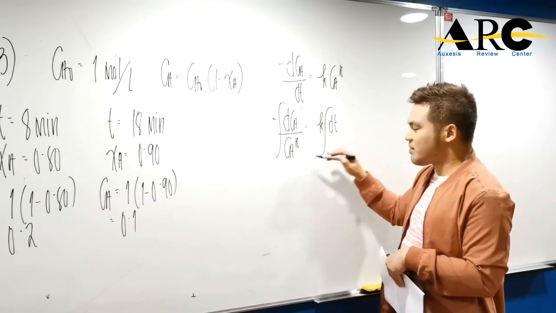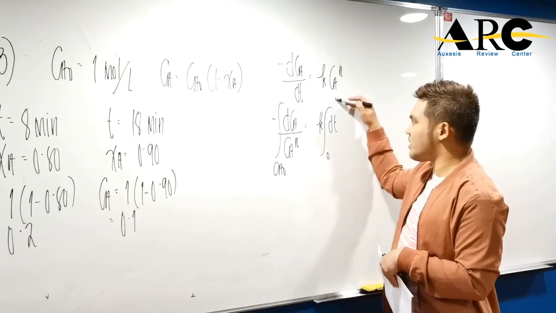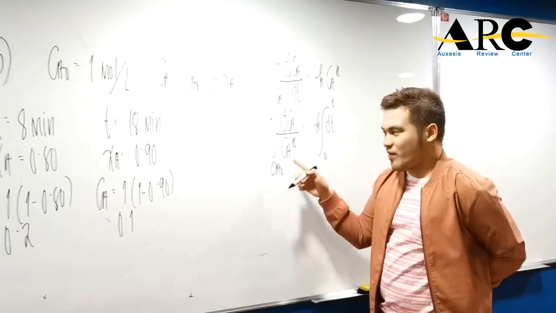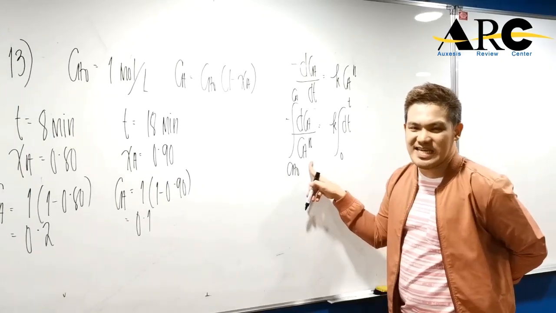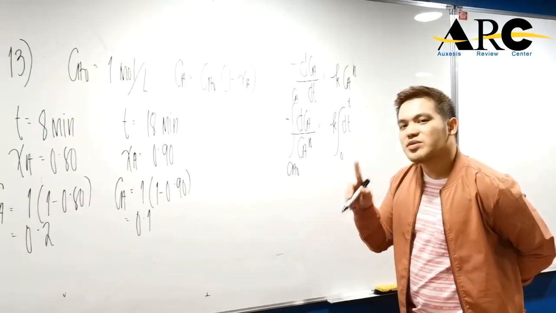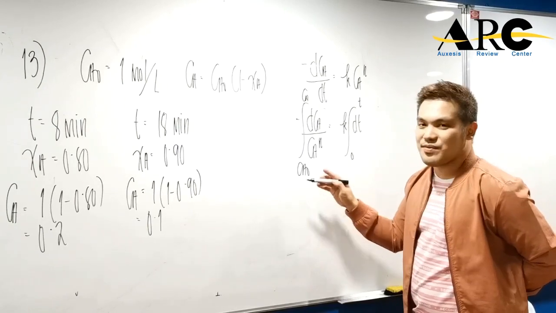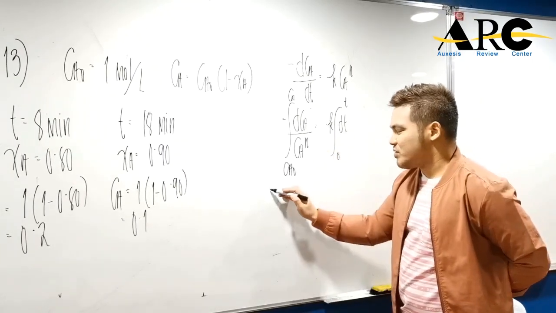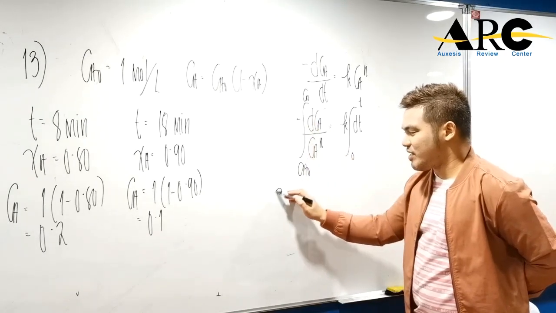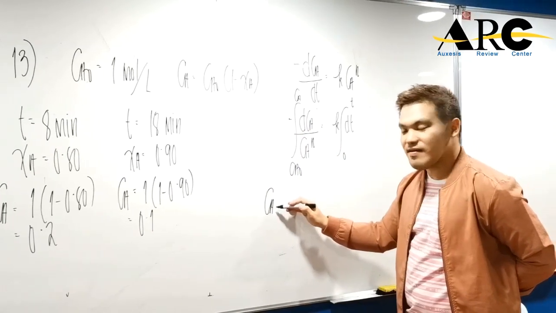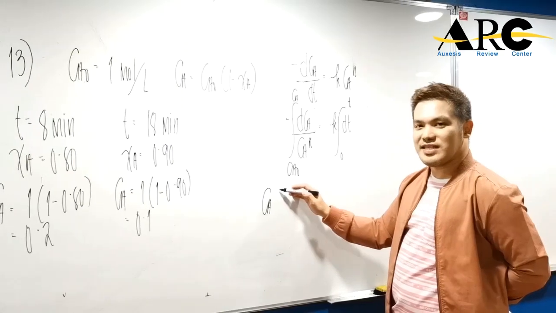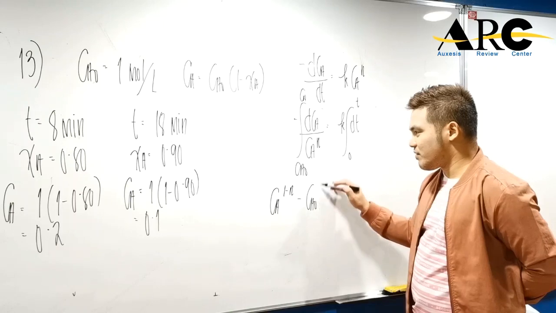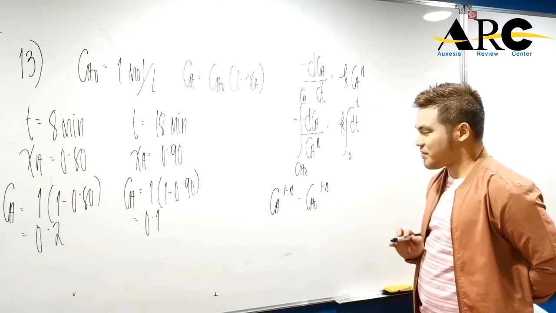At time 0, initial concentration CaO. At time t, we have Ca. Di ba, 1 over Ca raised to n is Ca raised to negative n. Kapag in-integrate natin yan, we have Ca raised to negative n plus 1. Substitute natin yung limit. So we have Ca raised to 1 minus n minus CaO raised to 1 minus n.